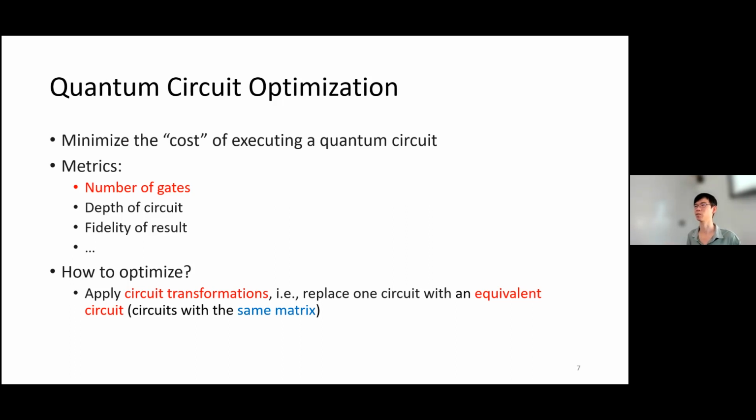This is just a guess, but the main reason is that a lot of previous papers use the number of gates as a metric, so to be considered comparable. Actually, we can also try to use depth as a cost, but we haven't done the experiment yet.